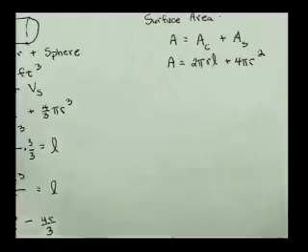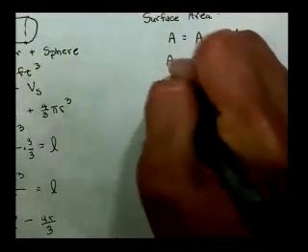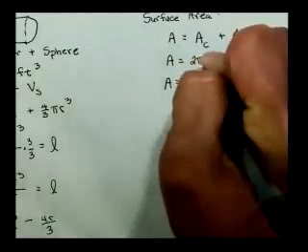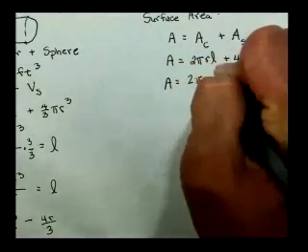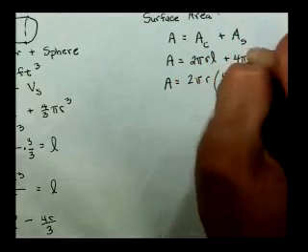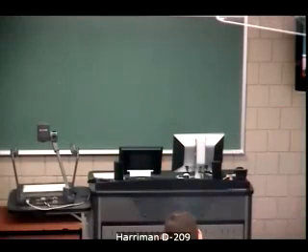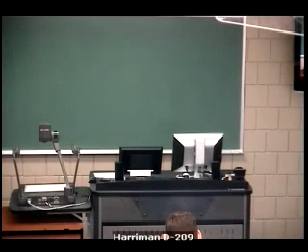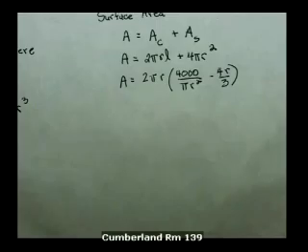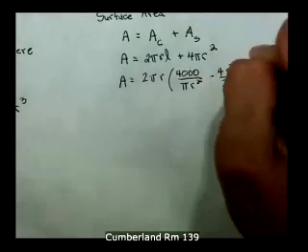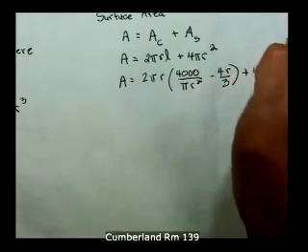So I'm going to go ahead and plug that big, ugly expression in the place of L in the area equation. 2 pi RL plus 4 pi R squared.